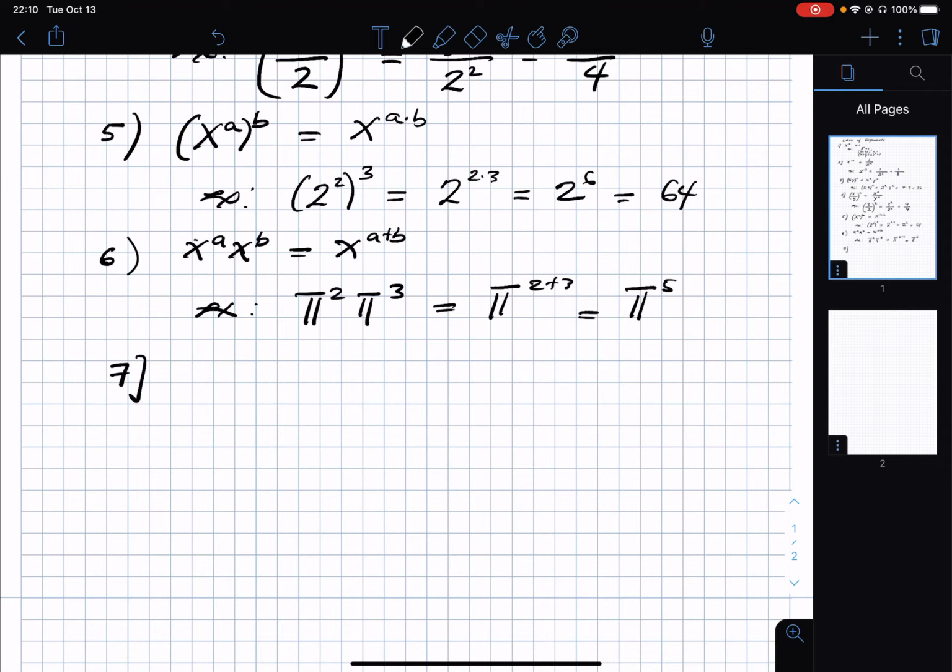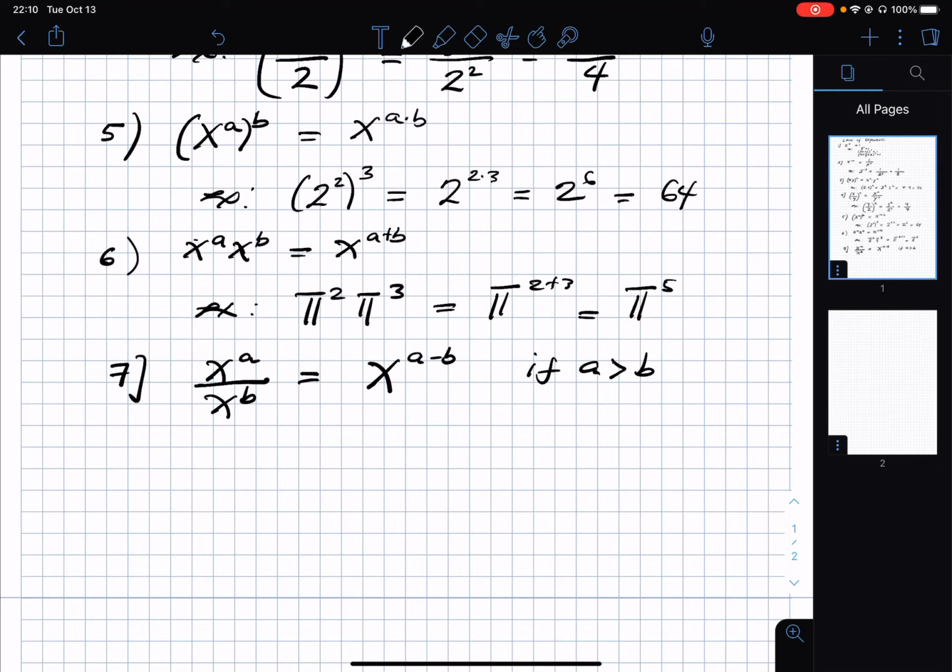7. So x^a divided by x^b. Okay, so you have two possible answers here. One, if a is greater than b, this will be x raised to a minus b. Okay, if a is greater than b.